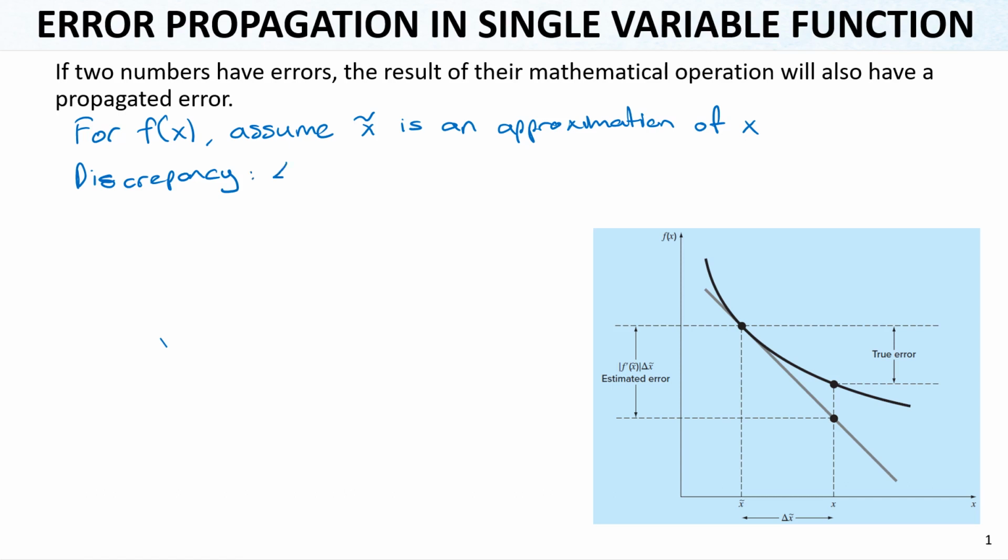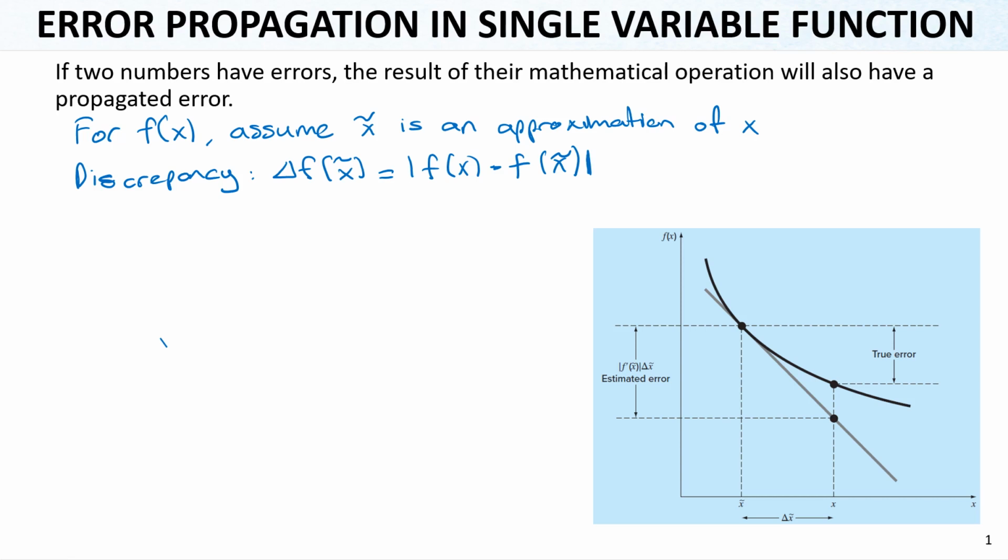That means delta f(x tilde) is equivalent to, in absolute values, the actual value of the function at x minus the function value for the predicted x. So this predicted x has an error.